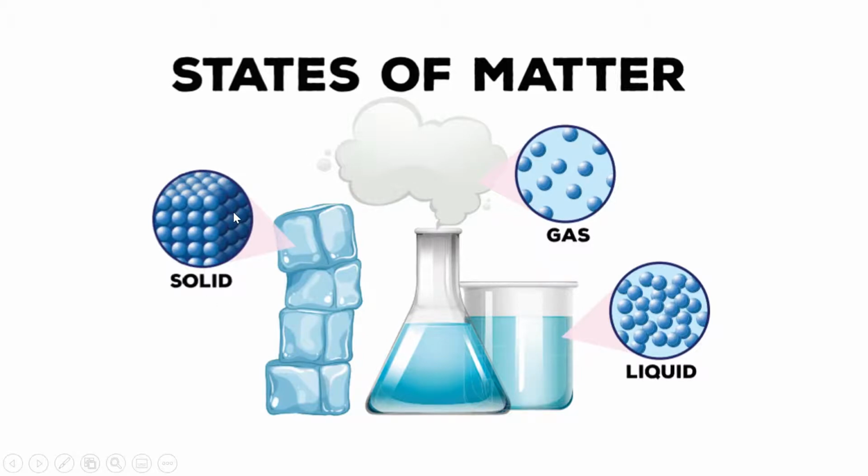The liquid particles have a little more space between them, and then the gas particles have the greatest amount of space between them. Both the liquid and the gas state do not have a fixed shape. Remember, the tiny particles that make up each of these examples are in constant motion. Looking at this picture, how would you order each state of matter from the highest to the lowest energy level?